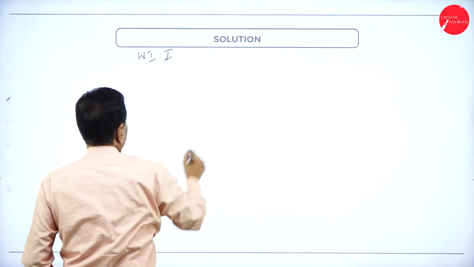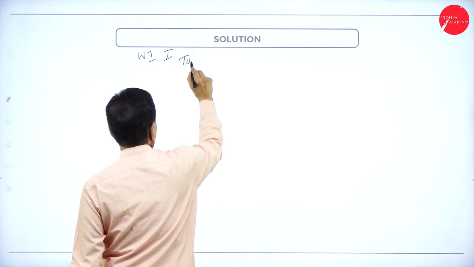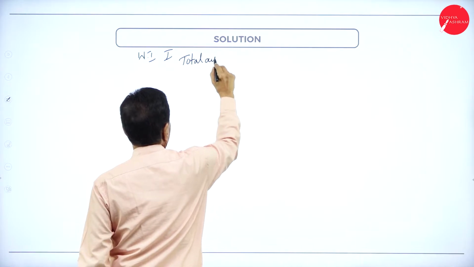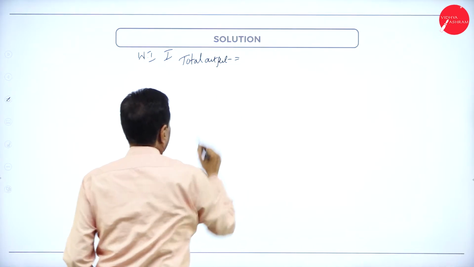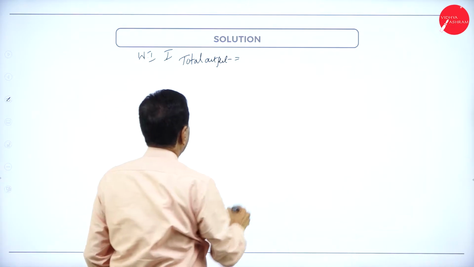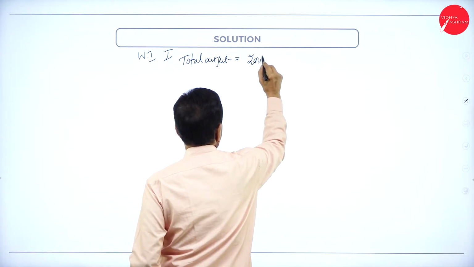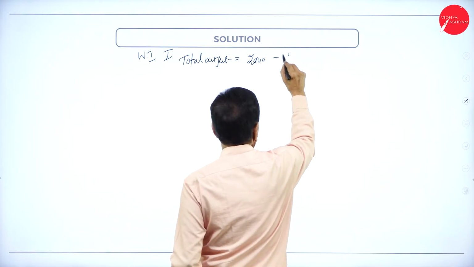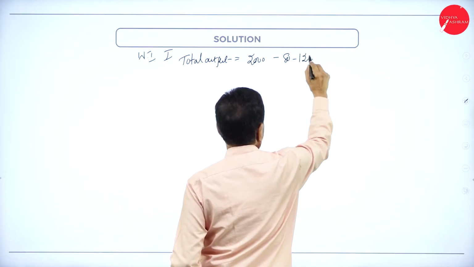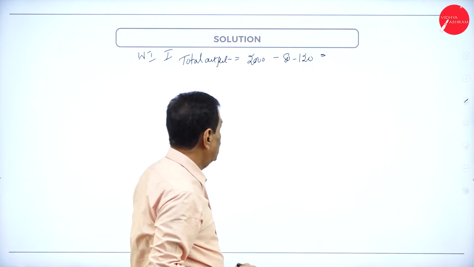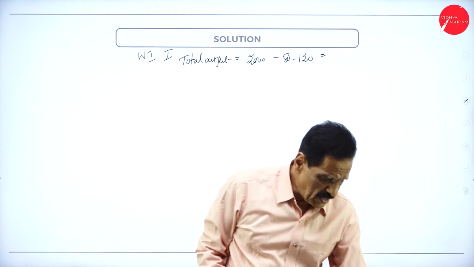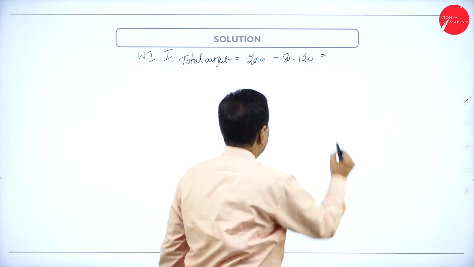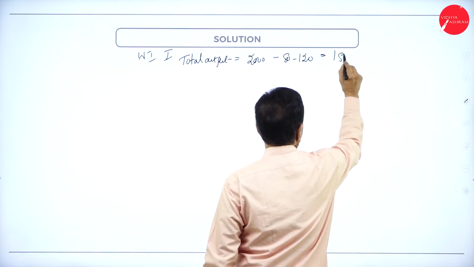Then working note 1. Total output is equal to 2,000 minus 80 minus 120, 200 gone. So 2,080 equals 1,800 tons.